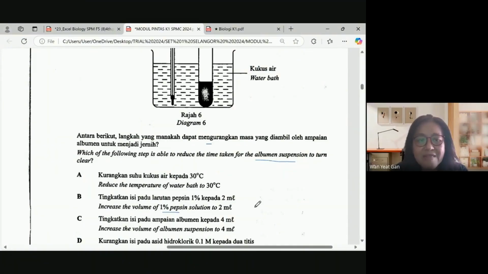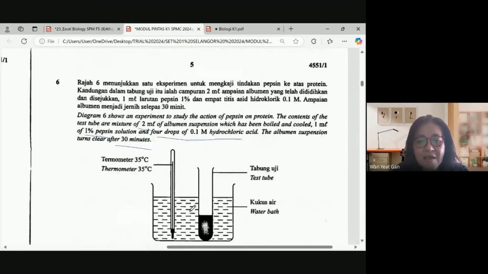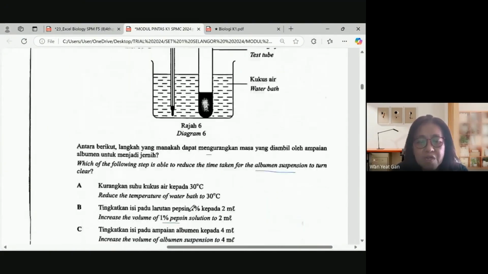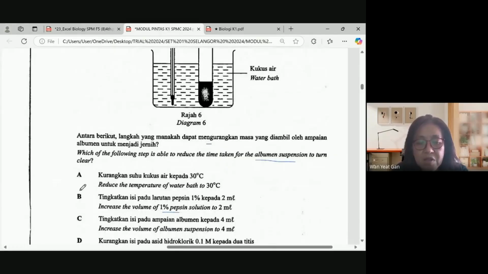If you increase the concentration of the enzyme, you are going to reduce the time taken, because the factors that affect activity of enzyme are pH, temperature, concentration of enzyme, and concentration of substrate. So in this case, if the concentration of enzyme is increased, time taken will be reduced.